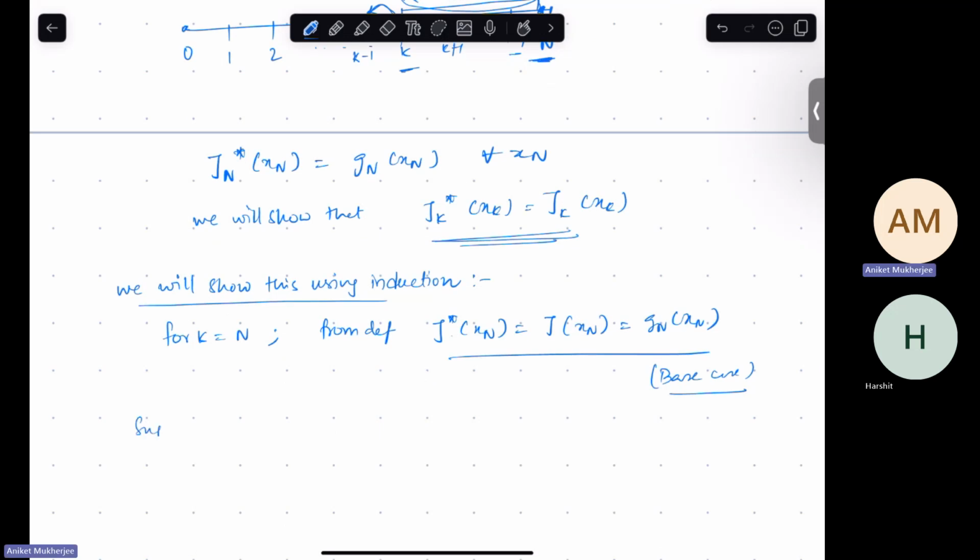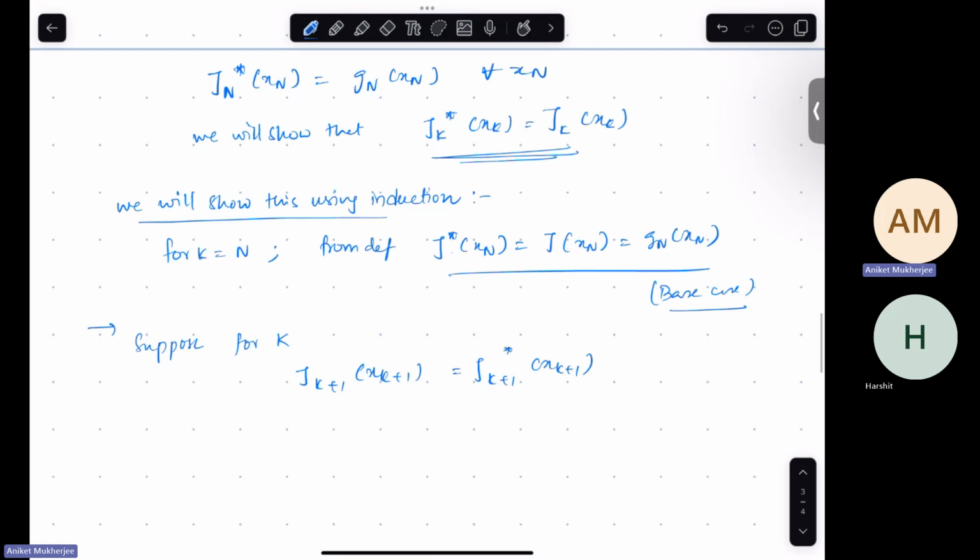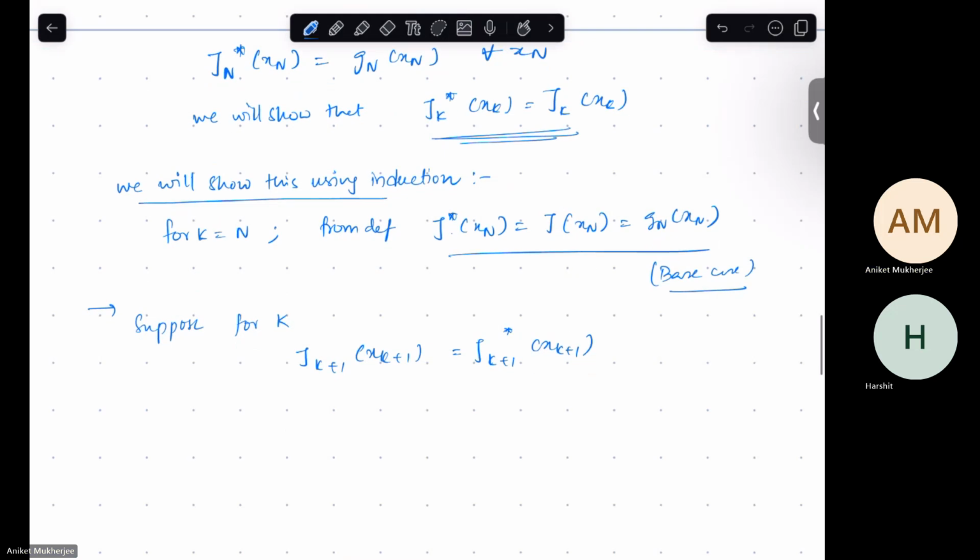Now we'll assume that for k plus 1, Jk+1 of xk+1 equals Jk+1 star of xk+1. This is how induction goes: you have the base case, you make an assumption, and then you compute the next step from that assumption. So assuming this to be true, you compute that Jk of xk is equal to Jk star of xk.